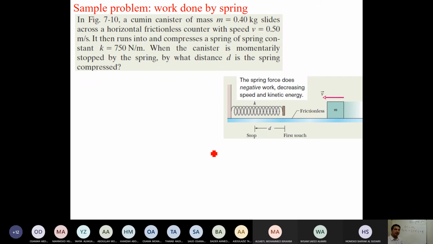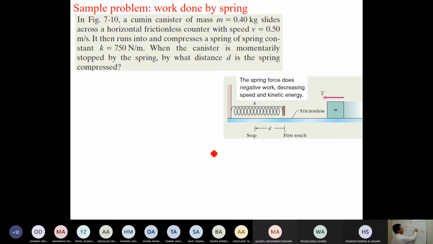When the canister was away, it has some initial kinetic energy, but when it compressed the spring and came to a stop, then the final kinetic energy is 0. For the spring part, when the canister was not in contact with the spring, the position was x equal to 0.